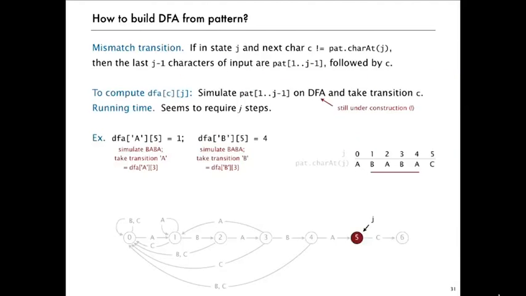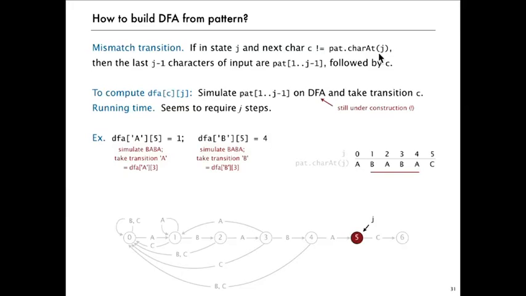Now the real key is the mismatch transitions. So here's the idea of the mismatch transition. If you're in state J and you get a mismatch, the next character in the text does not match the jth character in the pattern.